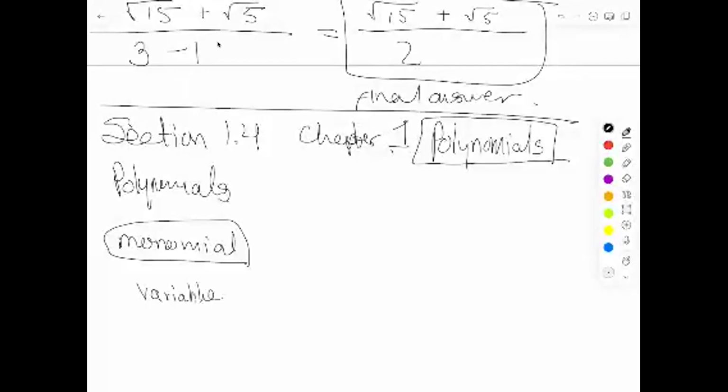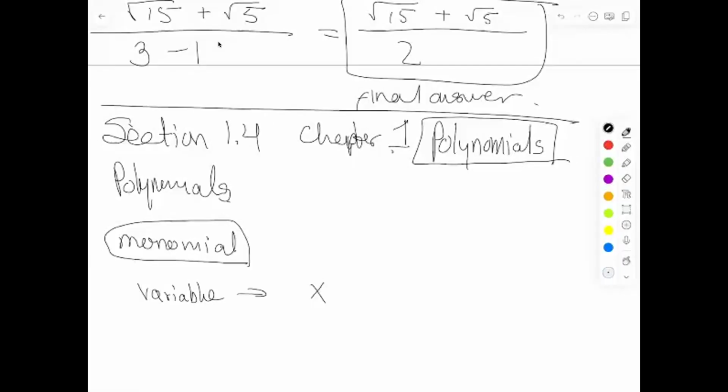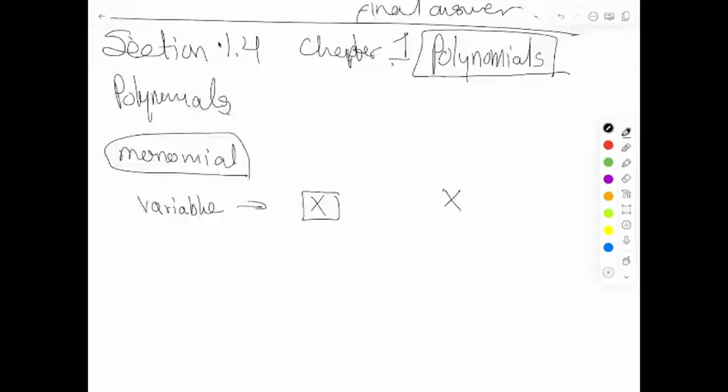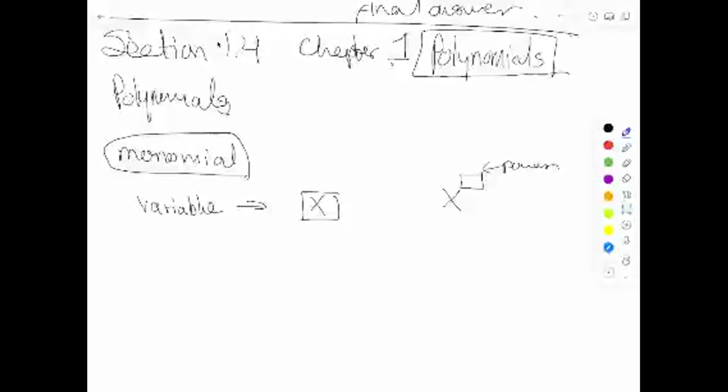This variable is known as x. The variable x is going to have a power, and it's also going to have a coefficient.